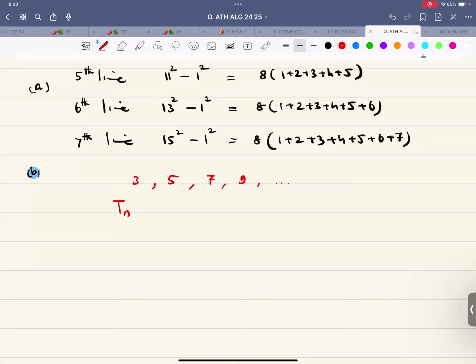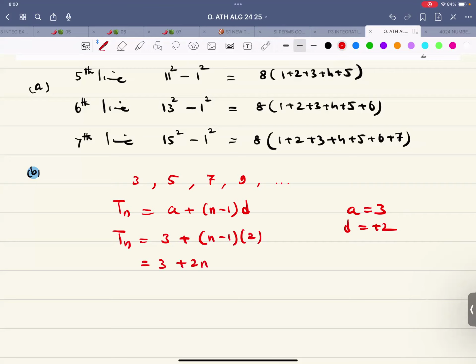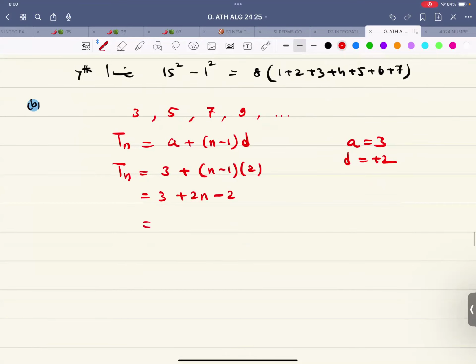So Tn, it's an arithmetic sequence. That is A plus n minus 1 into D. And what is A? That is 3. What is being added? Plus 2. So therefore, Tn is A plus n minus 1 into 2. That is 3 plus 2n minus 2. So 3 minus 2 is 1, 2n plus 1.